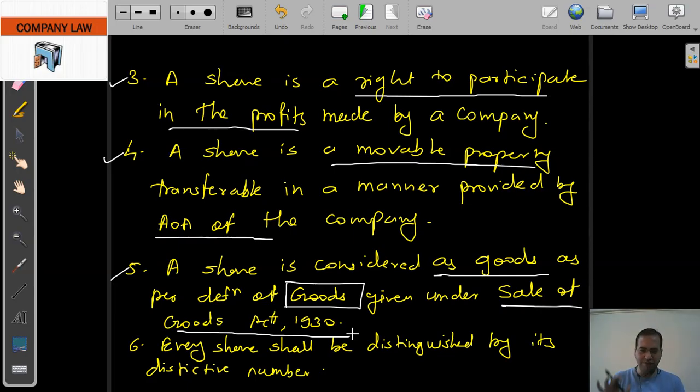So such a definition is given under the Sale of Goods Act, and it includes the word shares. So shares have been defined as goods in India, which is movable goods.